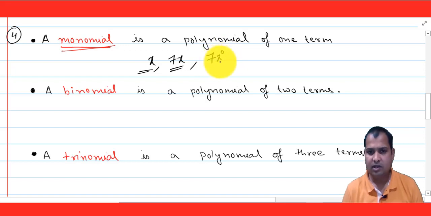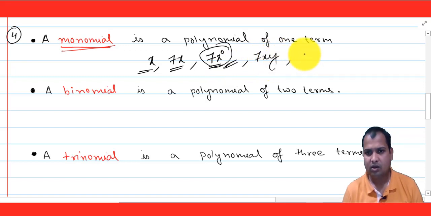You have learnt in exponents, any non-zero number to the power 0 is 1. So this is also an algebraic expression which has only one term, so this is also monomial. 7xy, 4z, these are examples of monomial.